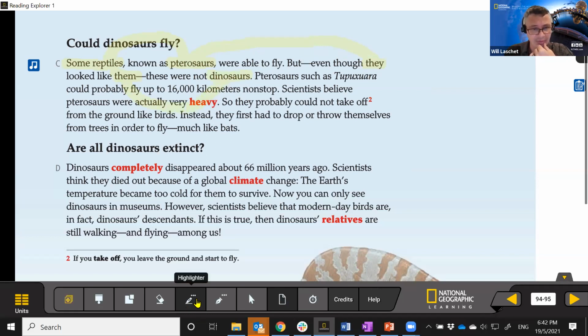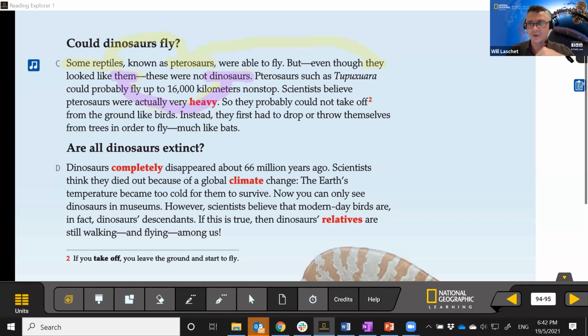Maybe I should do it in a different color, to make it a bit clearer. So here I can see that them is related to dinosaurs. I find that using colors like this and showing the students really helps them to understand what we're doing. So we can see here that them is referring to dinosaur.